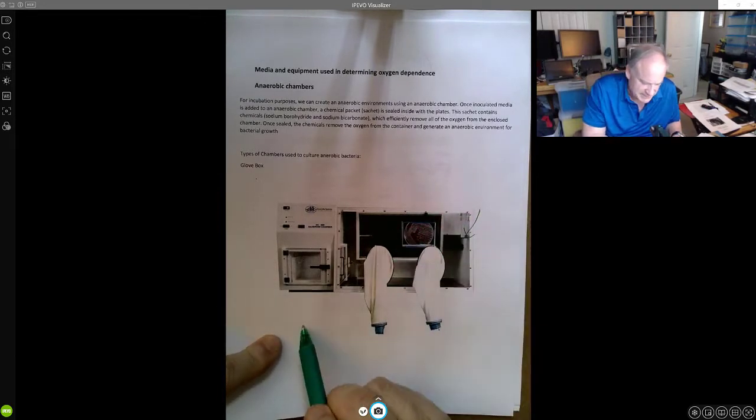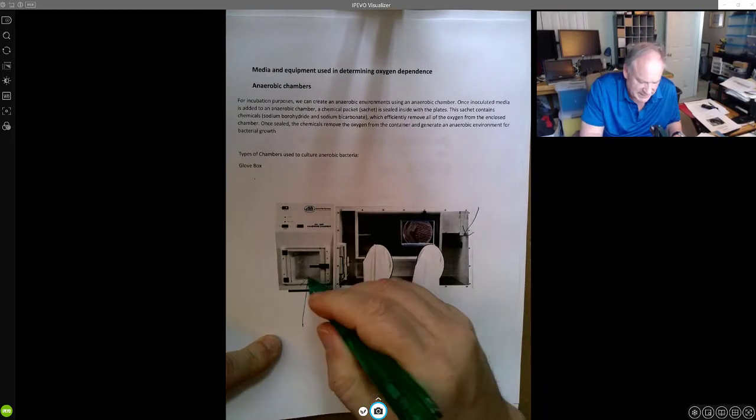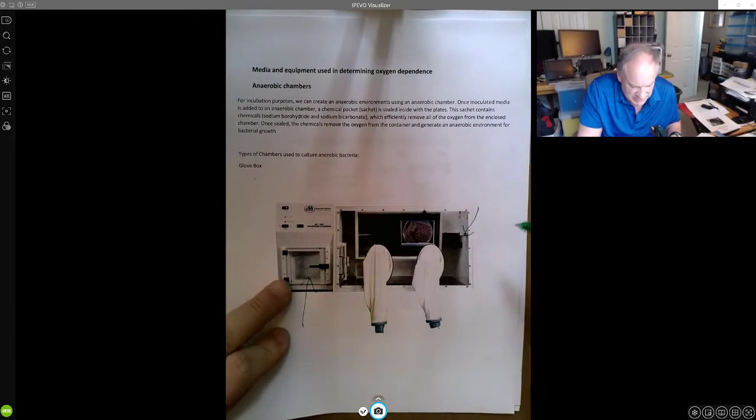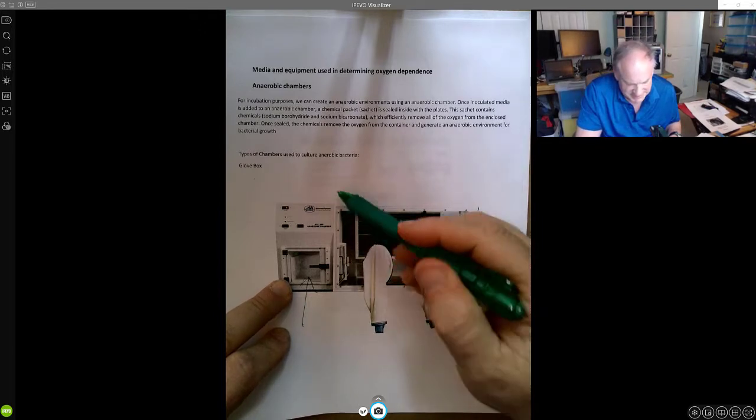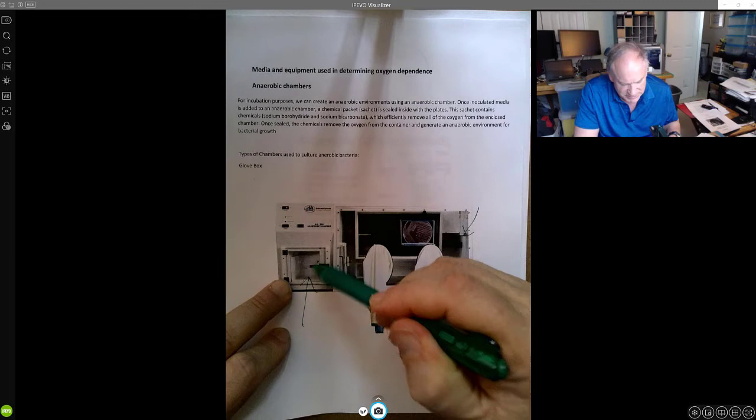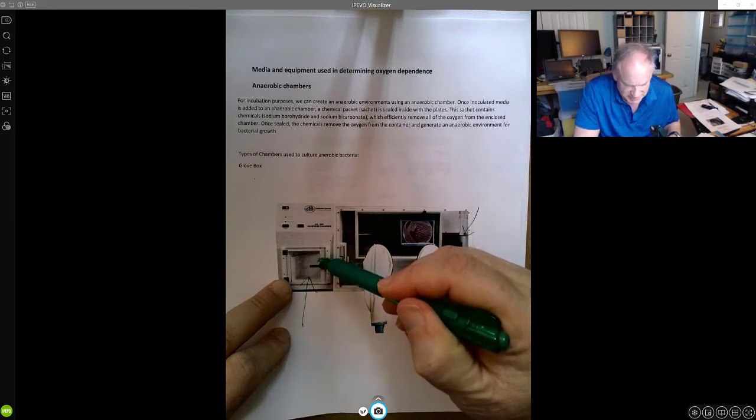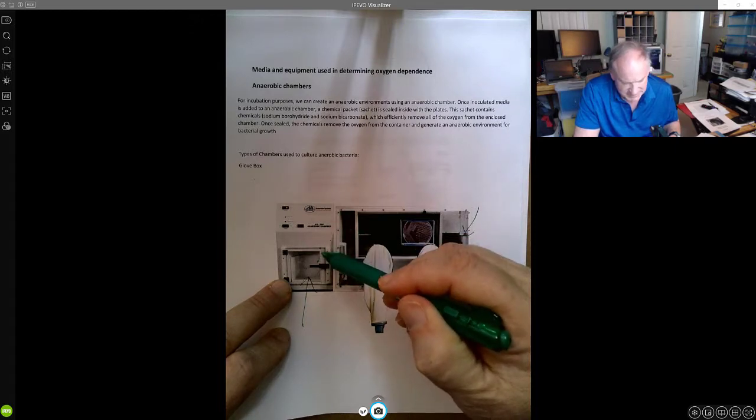But you put things in here from the regular atmosphere, and then you usually discharge a CO2 canister that blows CO2 and devoids, or usually the preferred method is something that incinerates the oxygen and literally gets rid of the oxygen.